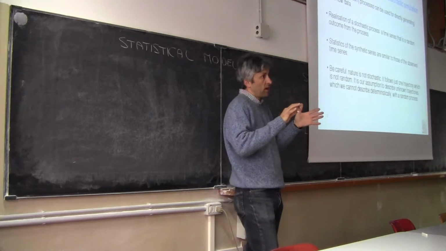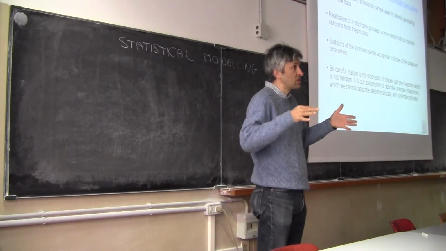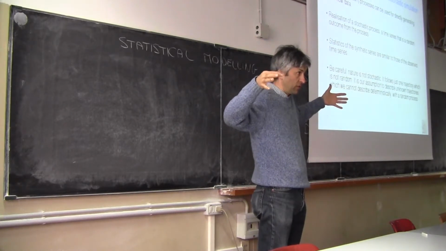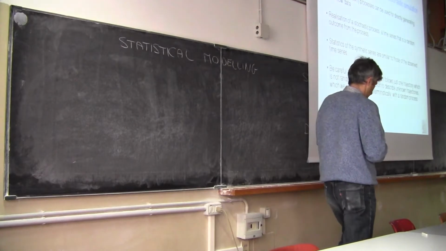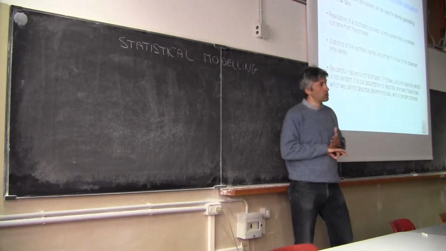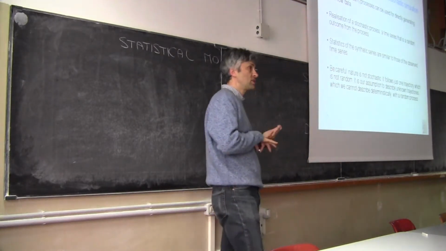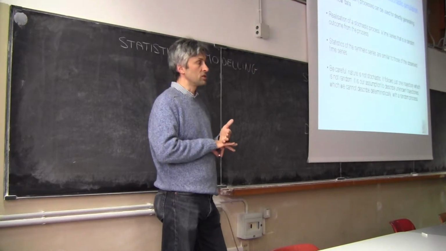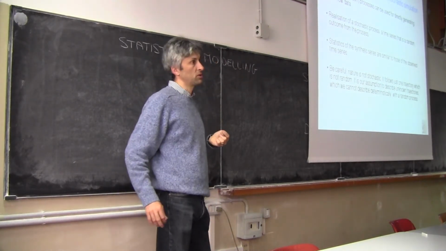You need to use stochastic modeling, which is a branch of probability theory that models series of data, not just a single outcome. So this is the reason why I said I have to use stochastic modeling if I want to generate synthetic series of river flows, because I have to generate a series. It's not a single outcome that is important for me.